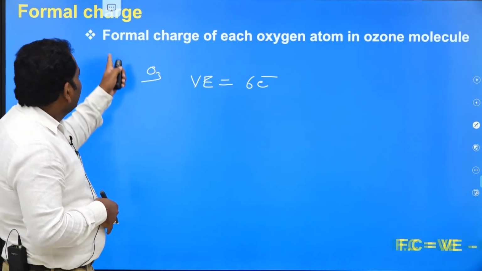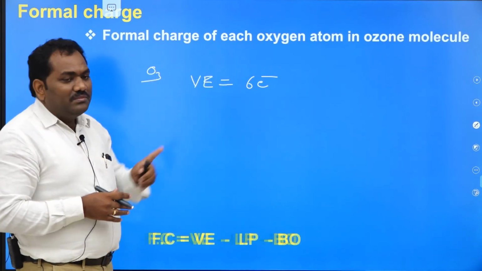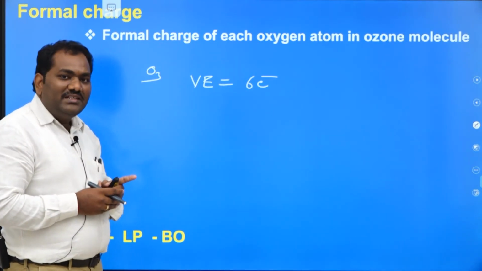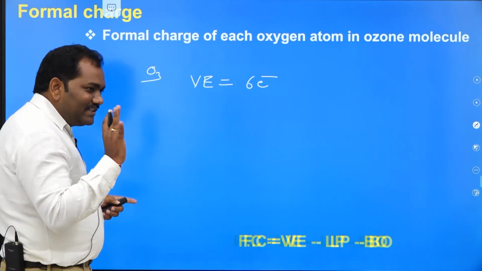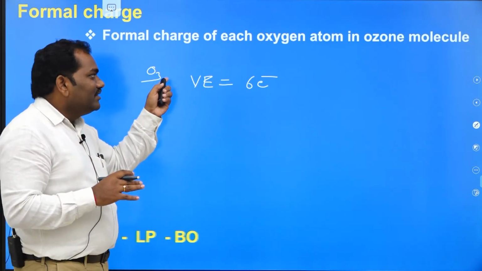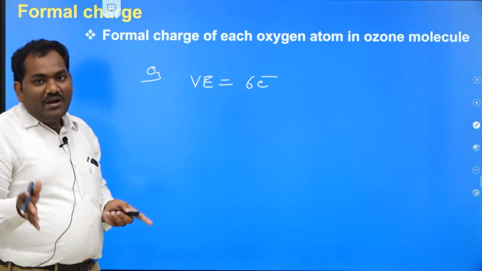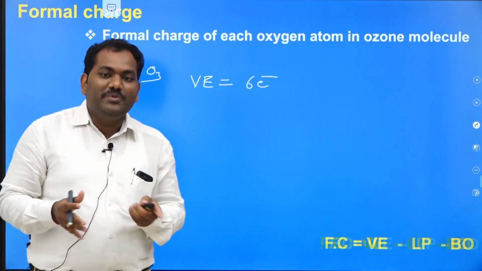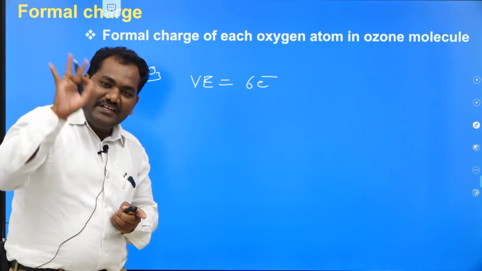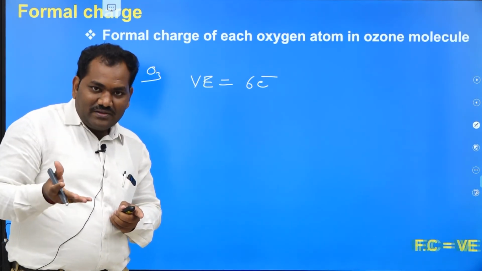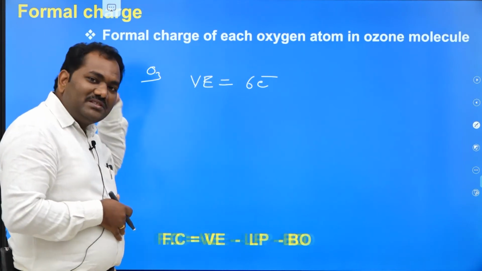And for the ozone molecule, we have to write the Lewis dot structure. Before calculating the formal charge, you must know how many electrons are distributed to each oxygen atom in the molecule. It can be identified by using Lewis dot structures.